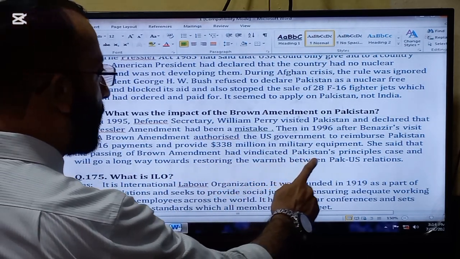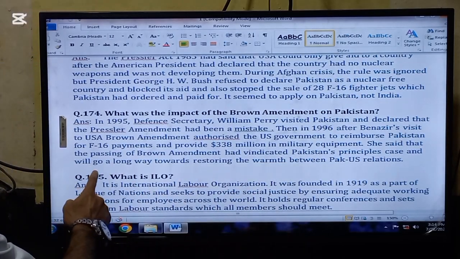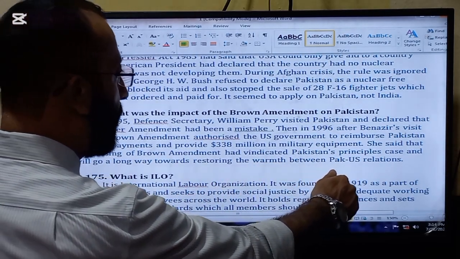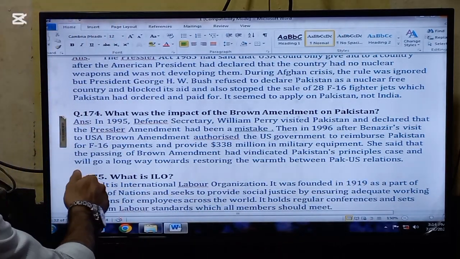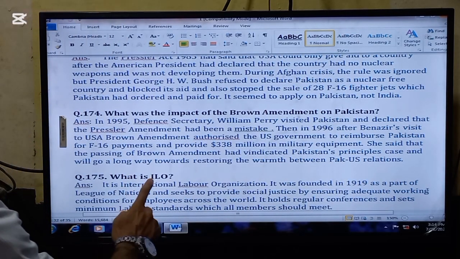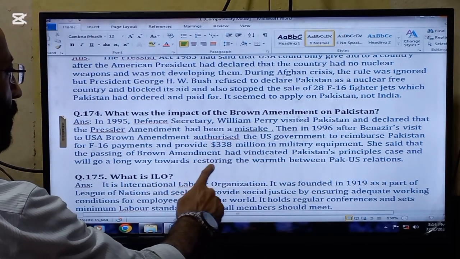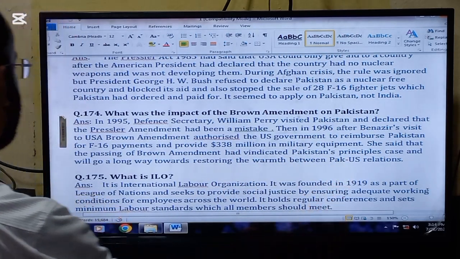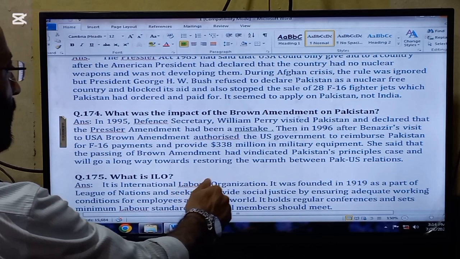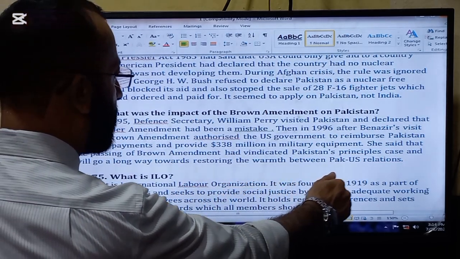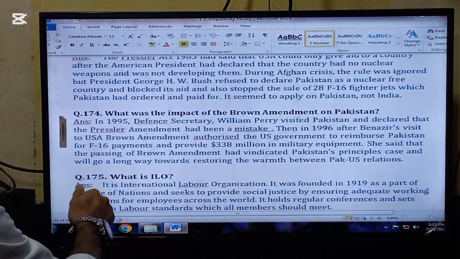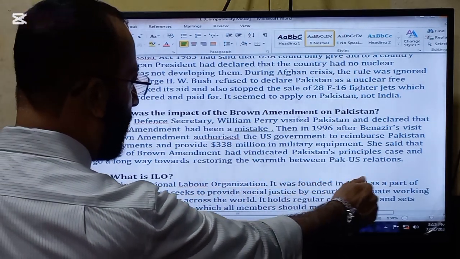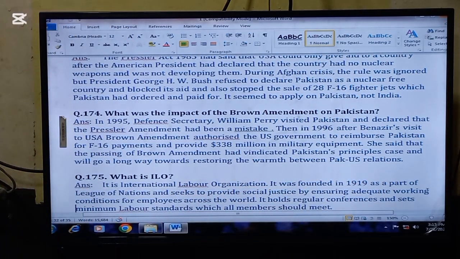Then in 1996, after Benazir's visit to the USA, the Brown Amendment authorized the US government to reimburse Pakistan for the F-16 payments and provide $338 million in military equipment. She said that the passing of the Brown Amendment had vindicated Pakistan's principled case and would go a long way towards restoring the warmth between Pak-US relations.